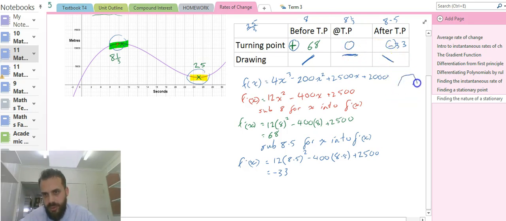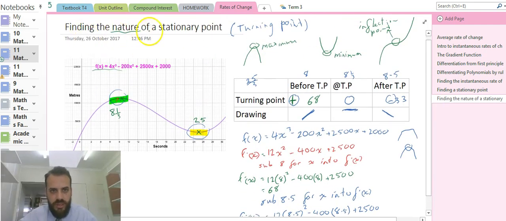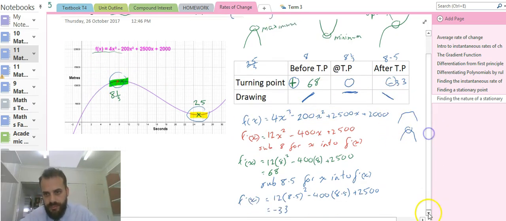Boom, boom, boom. Bam. Maximum. So what we've just done here is find the nature of that stationary point, 8 1/3: positive before the turning point, 0 at the turning point, after the turning point, it's on the downward slope, therefore it is a maximum.